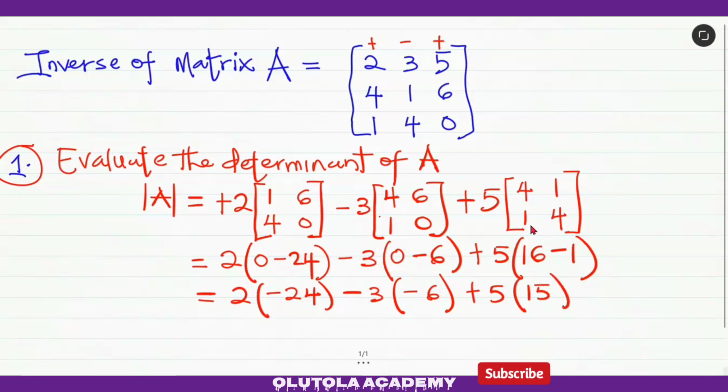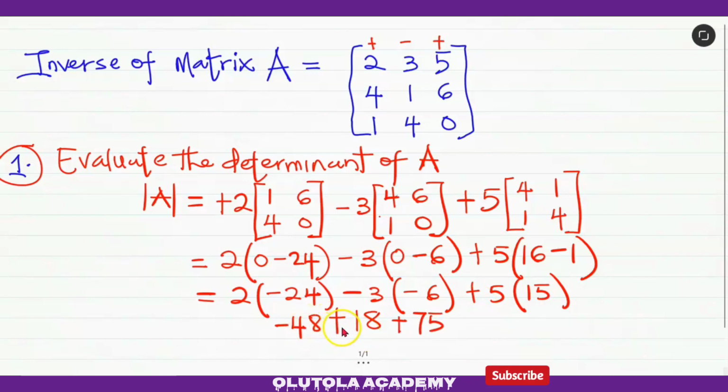So this will give us negative 48. That's 2 times negative 24. Then negative times negative will give us positive. So we have positive 3 times 6 will give us 18. So we go on, we have plus 75.